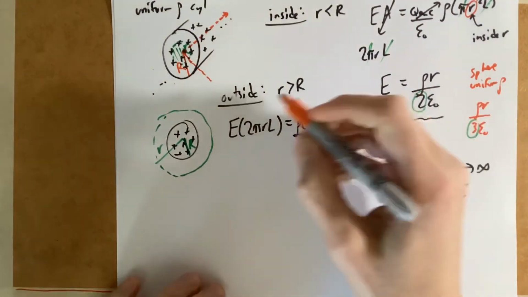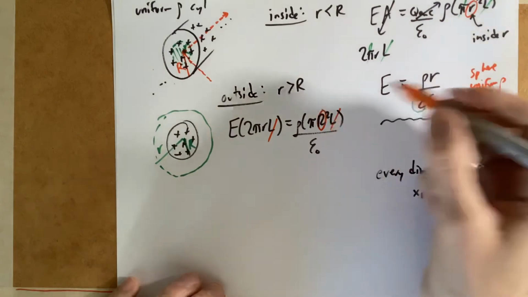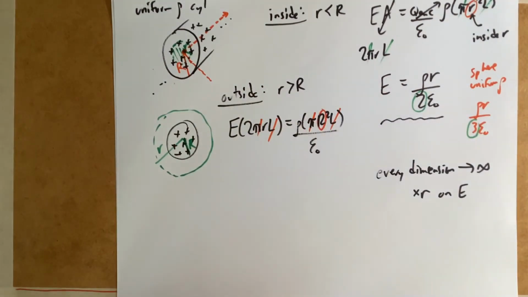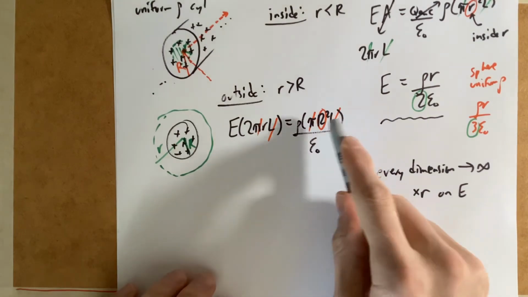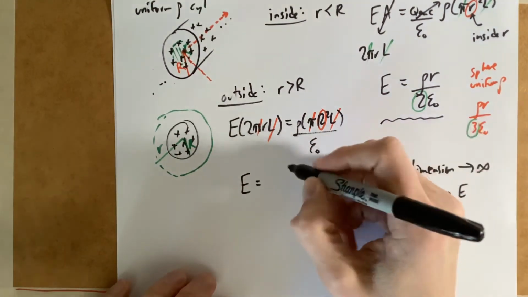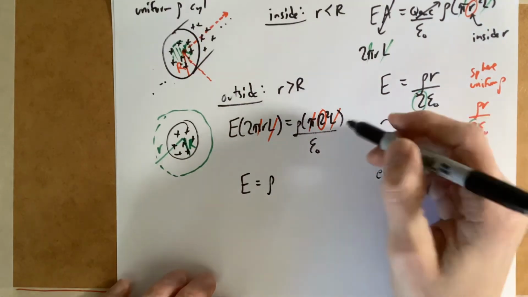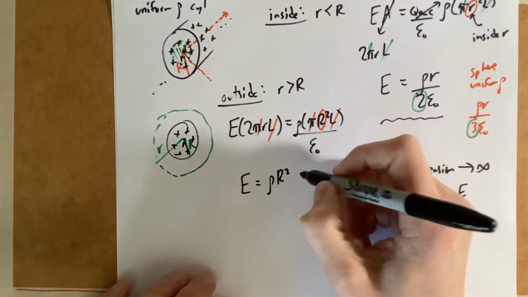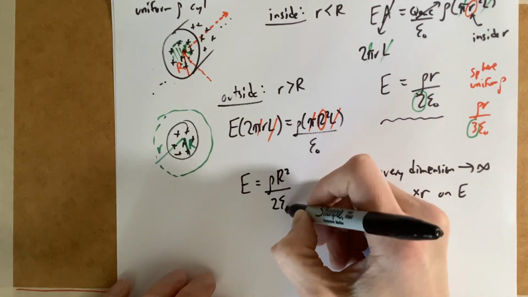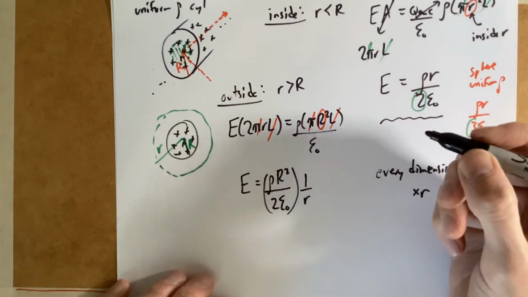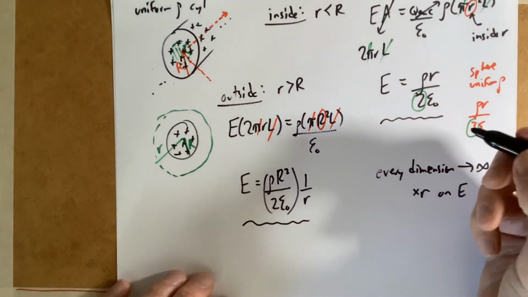The L's cancel, they better. Now some pi's cancel, but nothing else, because this is always little r, and this is now big R. So we go ahead and we get E equals rho big R squared over 2 epsilon naught, and let me go ahead and put in 1 over r. That's the electric field outside.